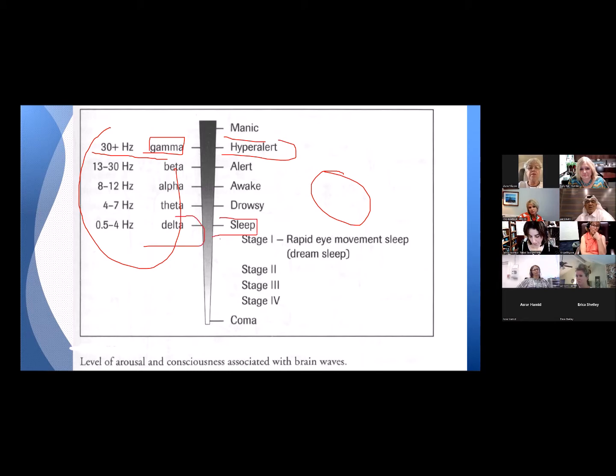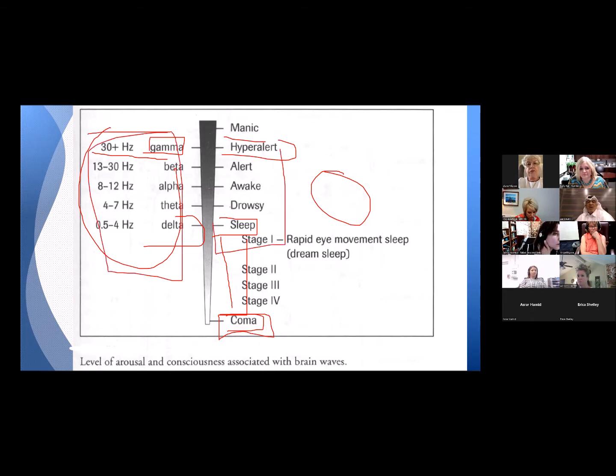But still, inside the delta, we can talk about the deeper level of unconscious, which is the coma, and we have 4 stages of sleep. Then we have drowsiness and awake and alert and so on. So brain waves are an indication of our conscious level.